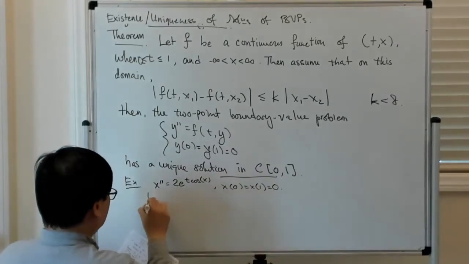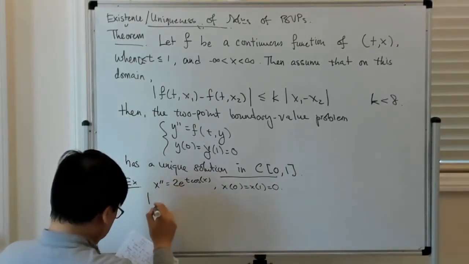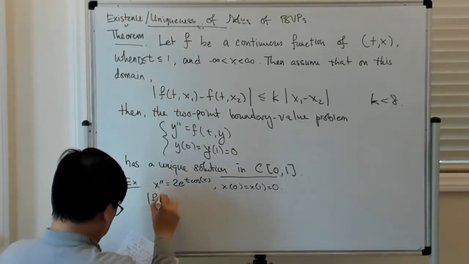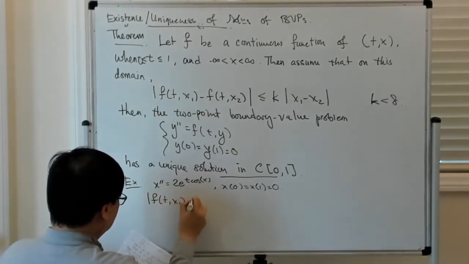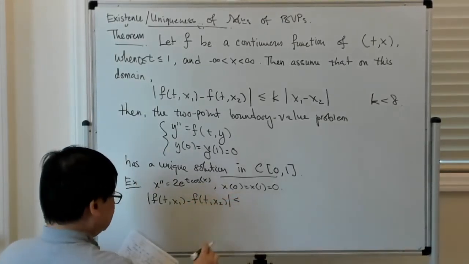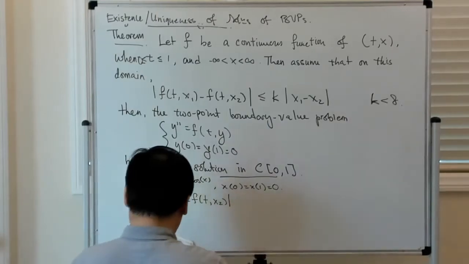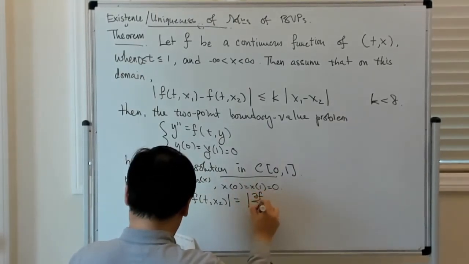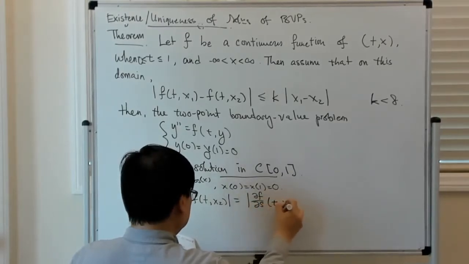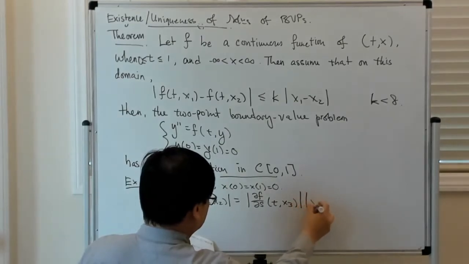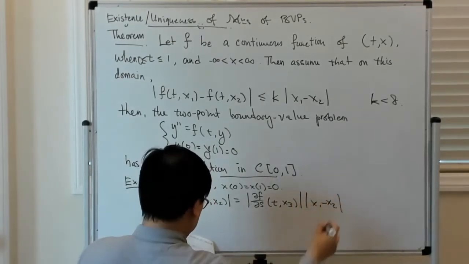If I look at the difference of the right-hand side as I change x, f of t, x1 minus f of t, x2 is equal to df/dx at t and some unknown point x3 times x1 minus x2.